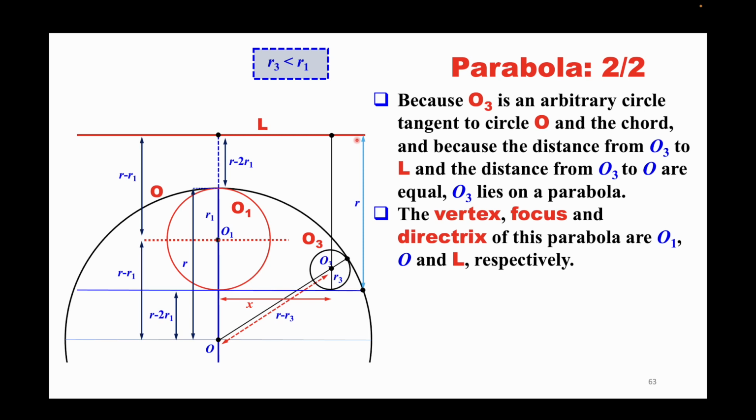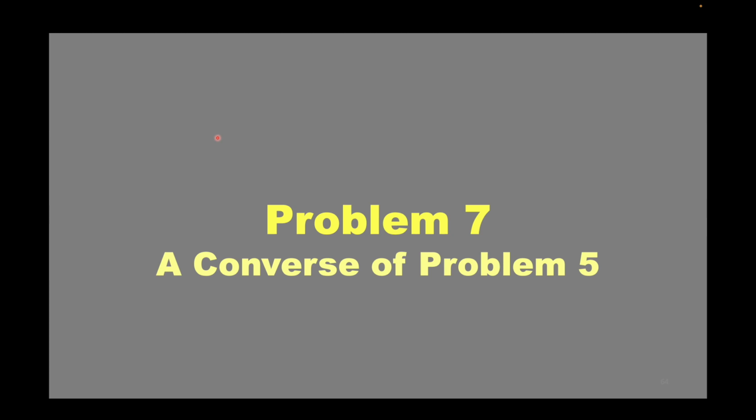So, from an arbitrary circle that is tangent to O and a core, we know that its center lies on a parabola with focus, vertex, and directrix. Now, we're going to build a converse of problem 5 from problem 5 and problem 6.